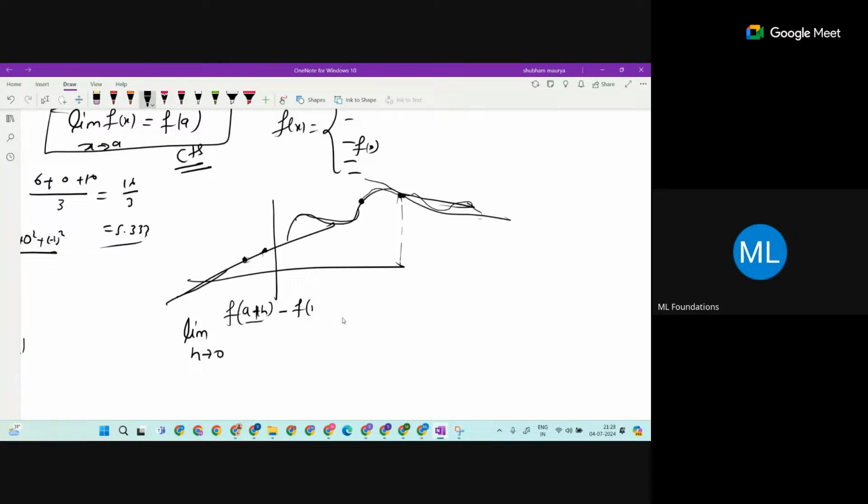At a particular point a, we find the limit of that difference. If this limit exists, it is exactly the derivative value at a, meaning the slope at point a.